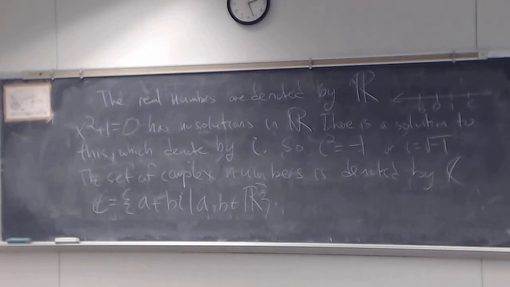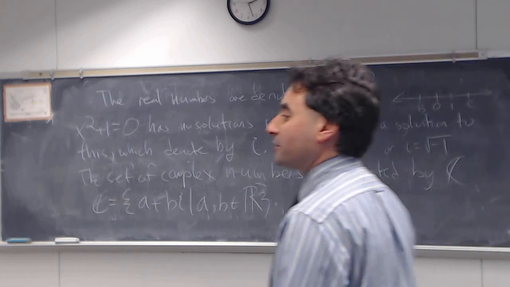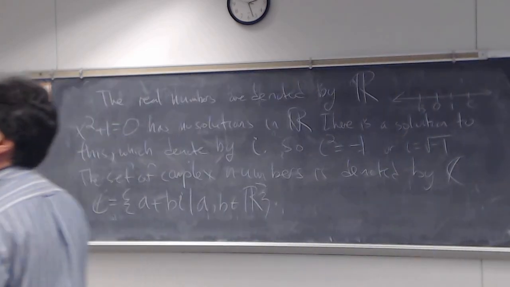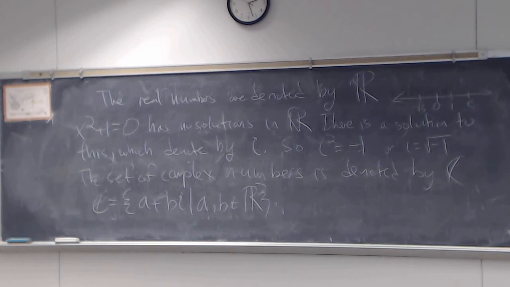And I'll go through adding and subtracting them. Really what you want to do is add, subtract, and multiply complex numbers the way you would with polynomials, treating the i as an indeterminate, but the only difference is i squared is negative 1.